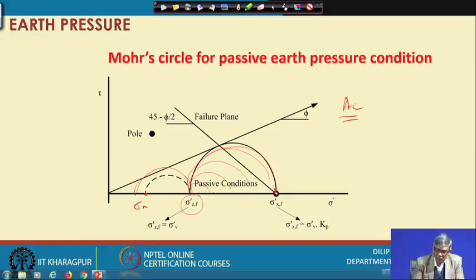So now from this, if I join the tangent of the envelope to the circle, that gives you the failure plane, and geometrically again you can find out that this angle is 45 degrees minus phi by 2. So, this is the thing to be known, that means at rest condition, active condition or passive condition, how it is with respect to wall movement, and again with respect to Mohr circle how it is.